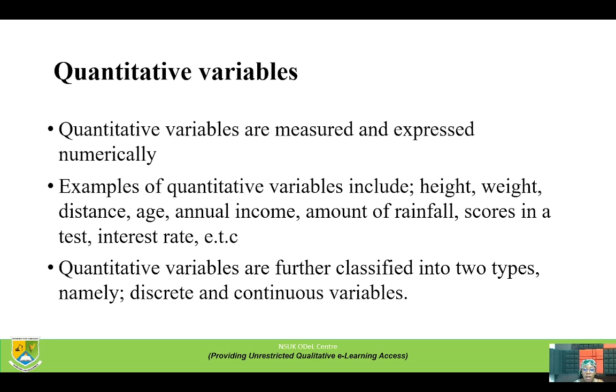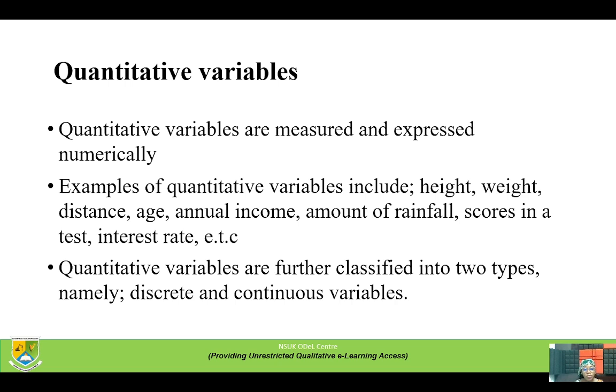Quantitative variables are further classified into two types: the discrete and the continuous variables. Discrete variables always take whole numbers or integers. They don't come in the form of fractions or decimals.